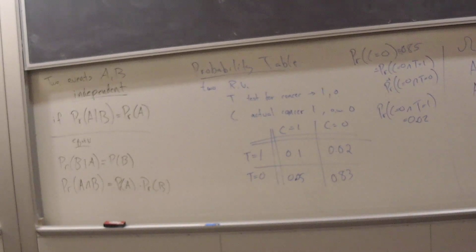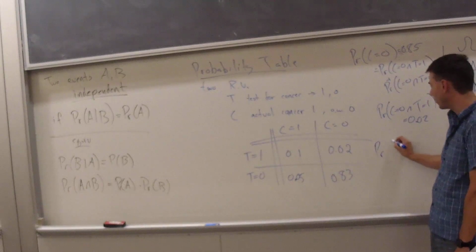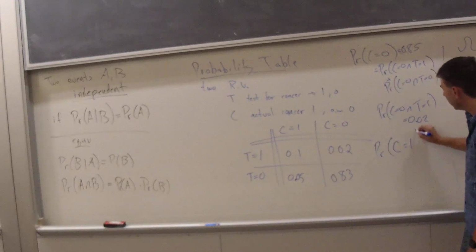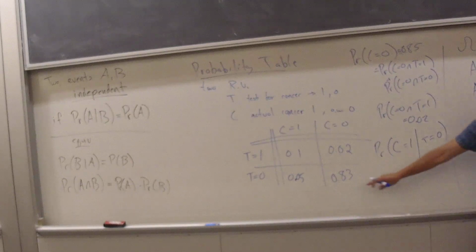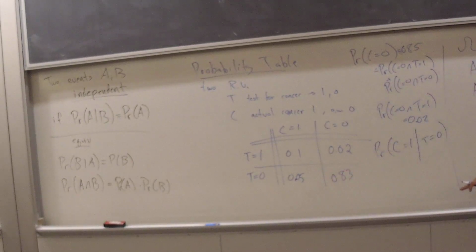Now I can also ask a conditional probability. The probability that I have cancer, C equals 1, given that the test says I don't have cancer. It's not just the cell, it's not both, it's not and.